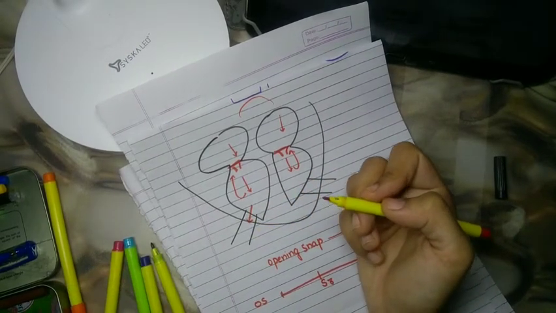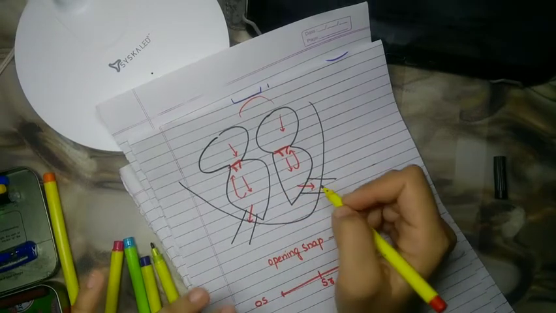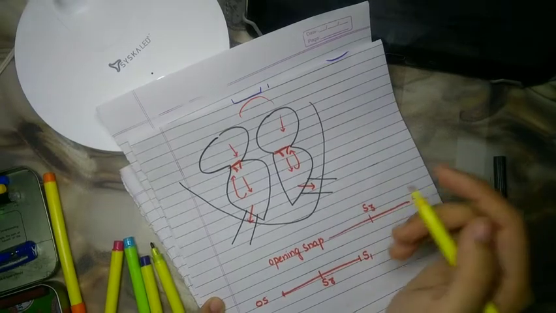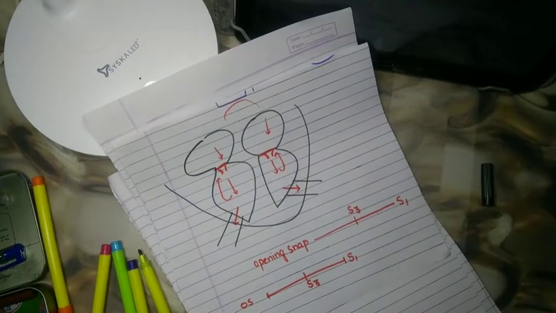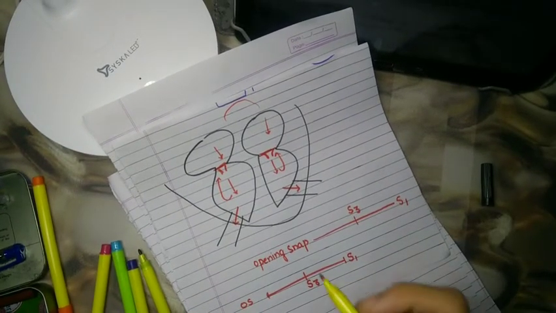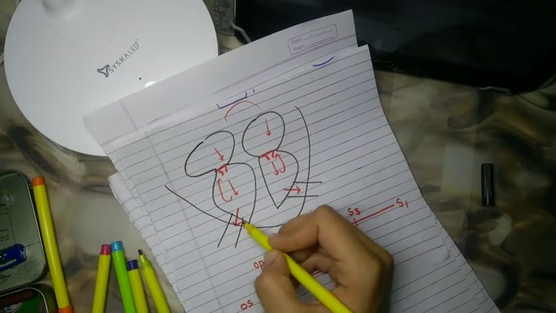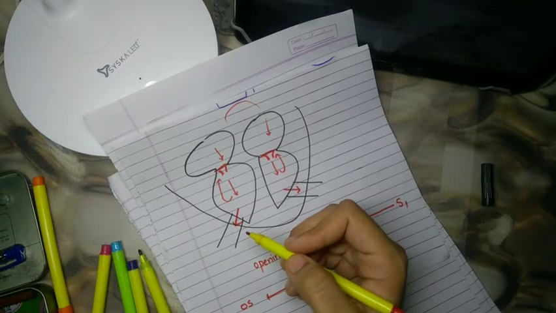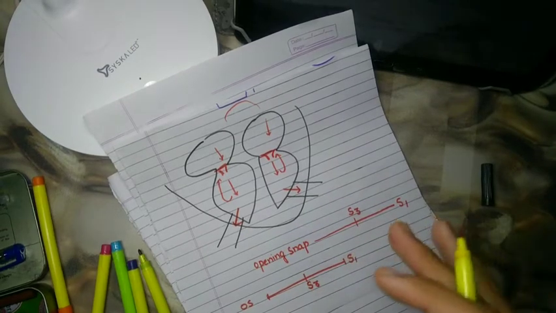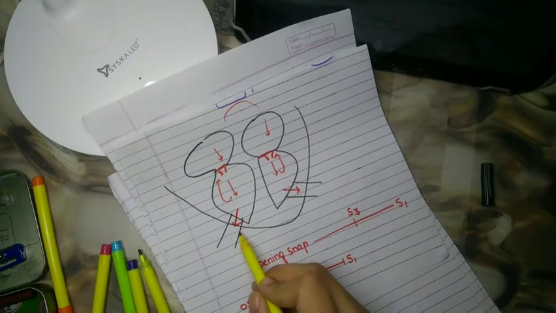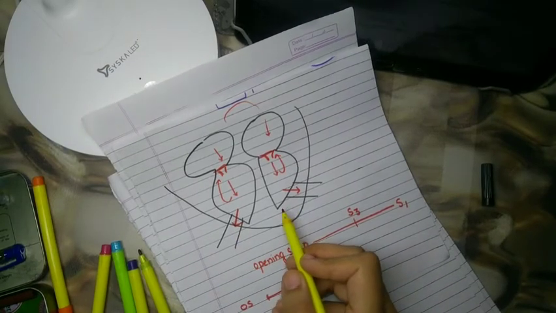Obviously the blood has to go somewhere. This valve will open up, and the opening of these valves is the ejection click. Why are we giving it a name, that is ejection click? Ejection click means it is ejecting out the blood from the heart. So it is somewhere similar to the opening snap, but it is for pulmonary and aortic valves, right?